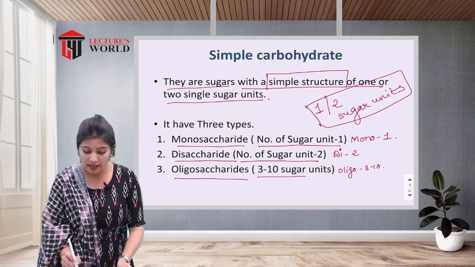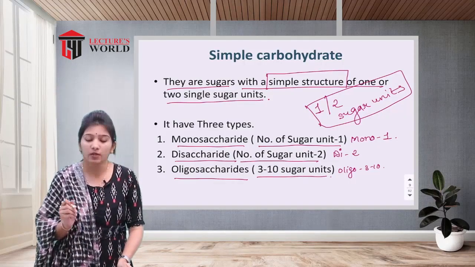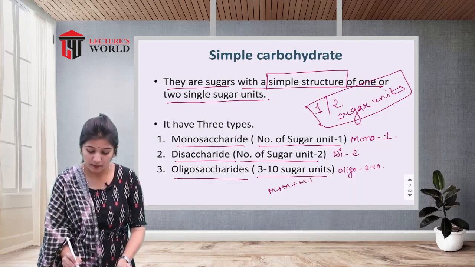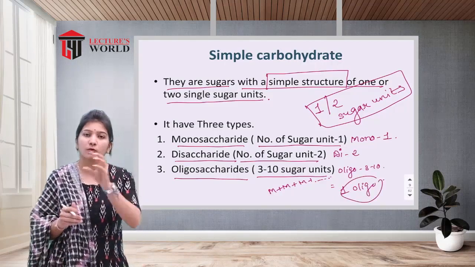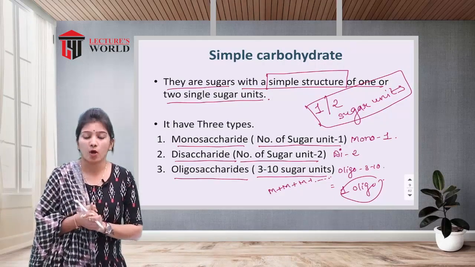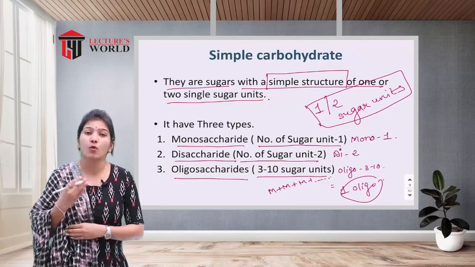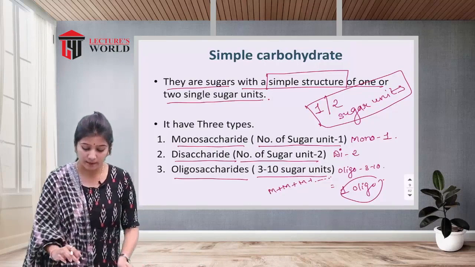In oligosaccharides, 3 to 10 monosaccharides make one oligosaccharide. Small units of monosaccharides gather together and make one oligosaccharide. These are the basic three types of simple carbohydrate: monosaccharides, disaccharides and oligosaccharides.